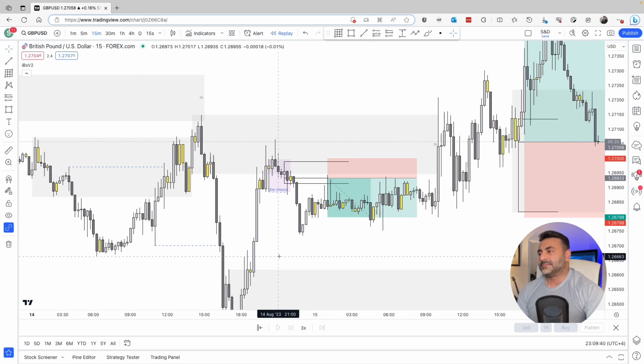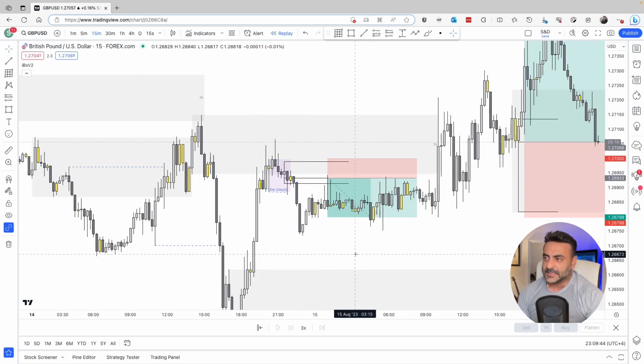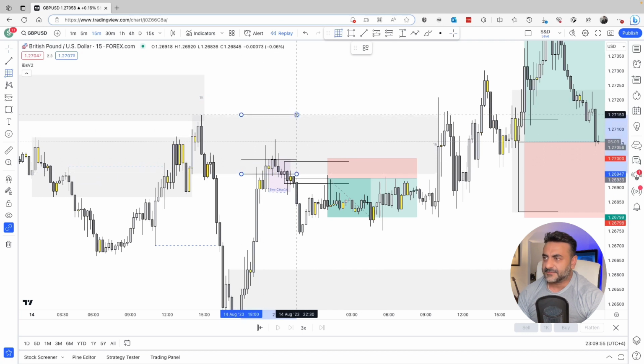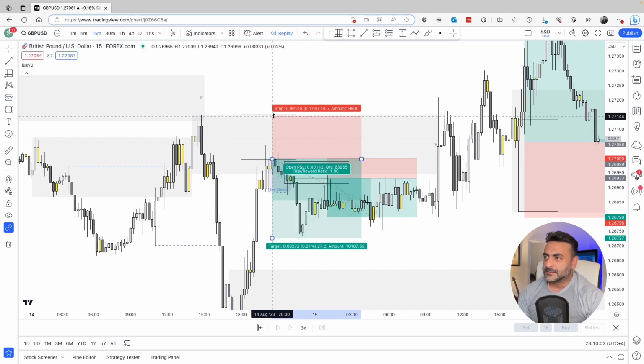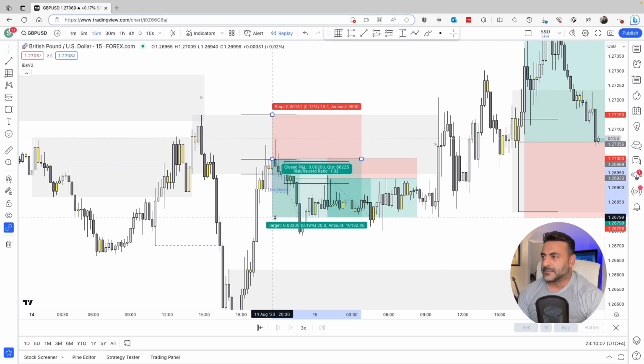So yes, you could have left a risk entry at this POI, but if you left a risk entry, that entry point would not have been enough to give you a good risk to reward ratio. Let me check, what did we get? Give me 1 second, guys. If you were to put a risk entry short here, and then you just went up to there, yeah, you would have made a 1R.